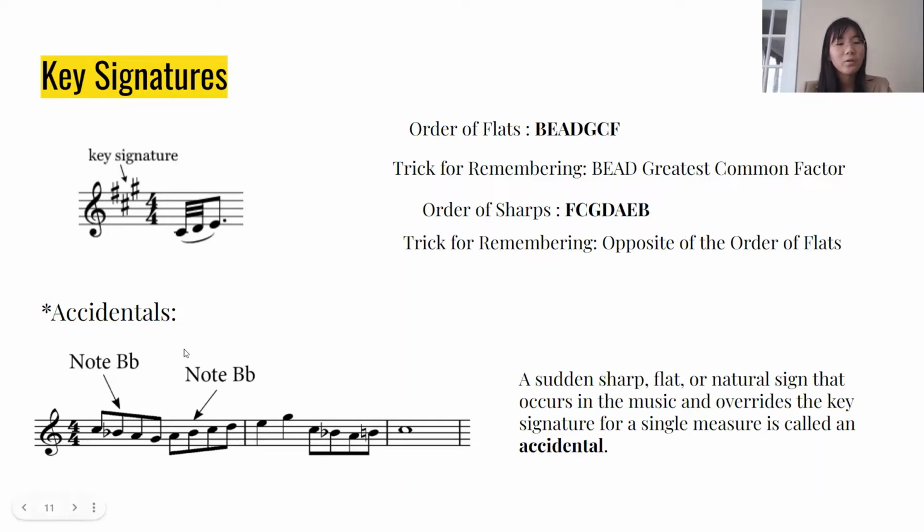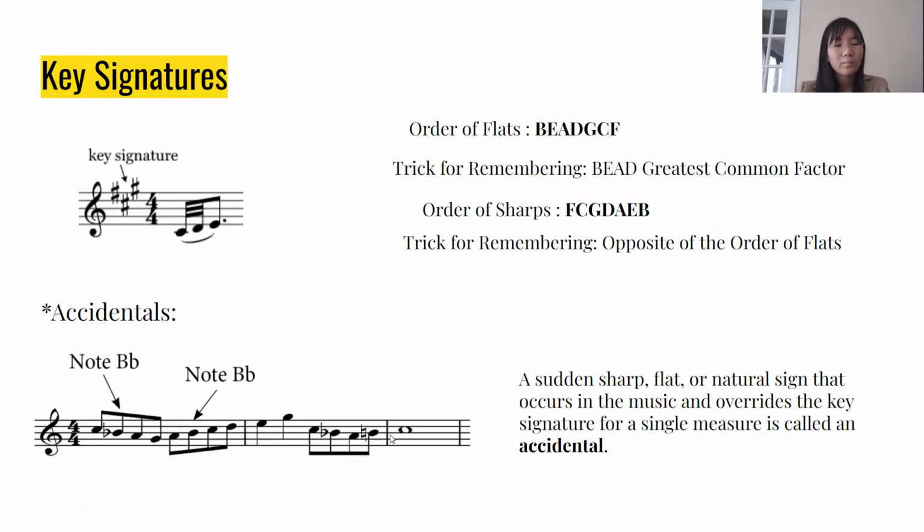And accidentals are something that you might see within a piece. They are either just a sudden flat or sharp or a natural. A natural is something that just eliminates the sharp. And it occurs in the music and it overrides the key signature for a single measure.